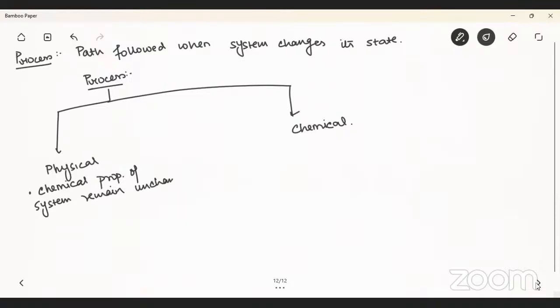Now we will be discussing what is the chemical process.